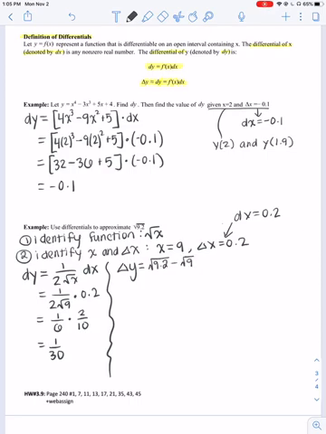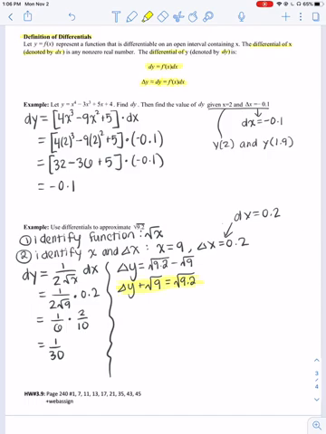This is what the actual change in y would be, which means you could rewrite this as delta y plus root 9 equals square root 9.2. So we have the square root of 9.2 isolated.